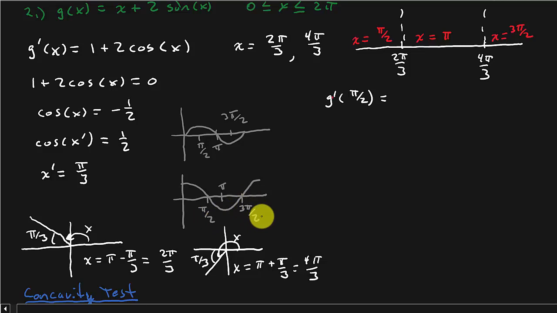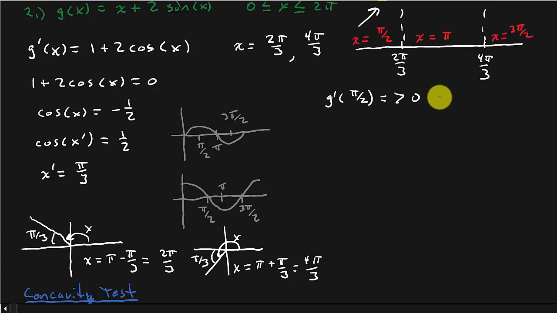So what we have here is we need to evaluate g prime. So the cosine of pi over 2, we can see that's 0. So that's going to be 1 plus 0 is 1, so that's positive, and so that's increasing.